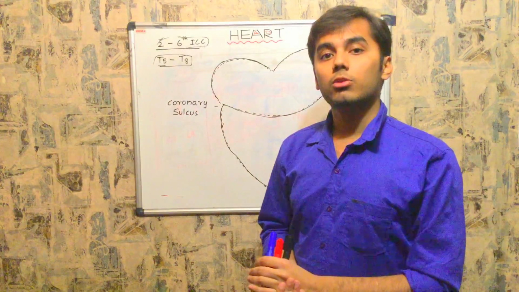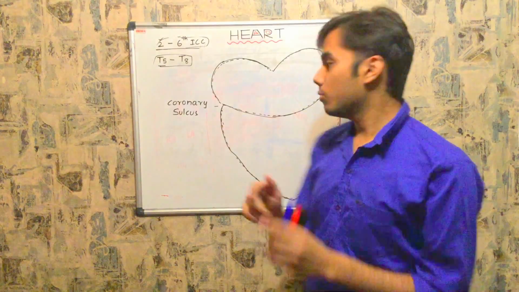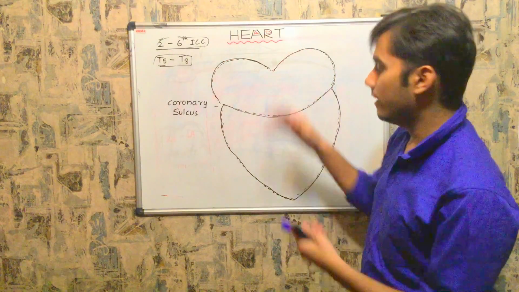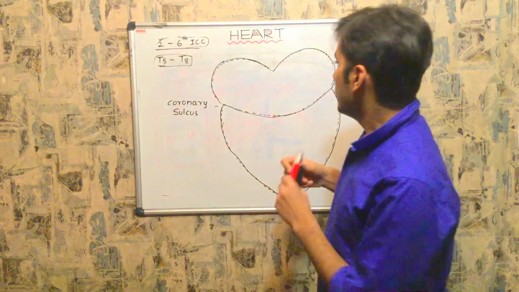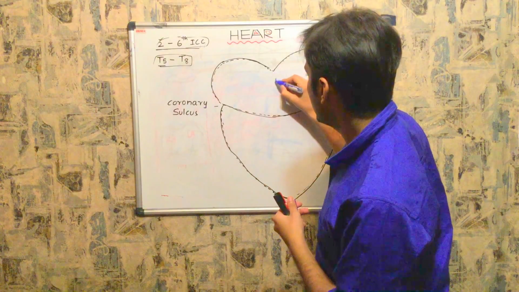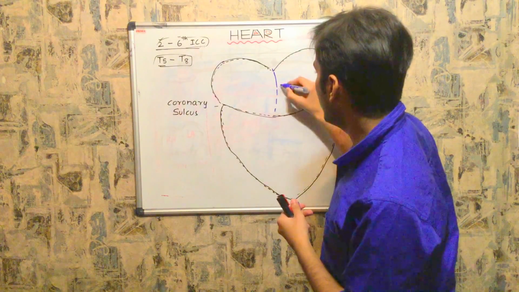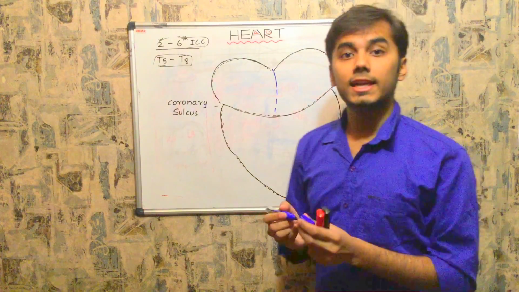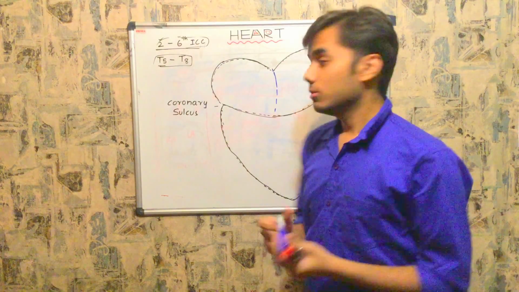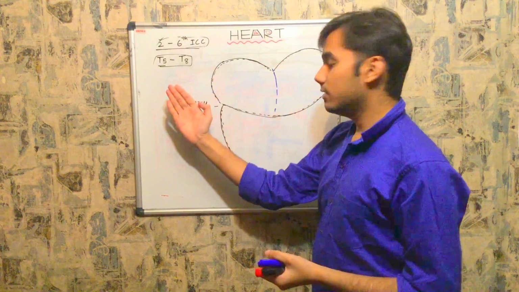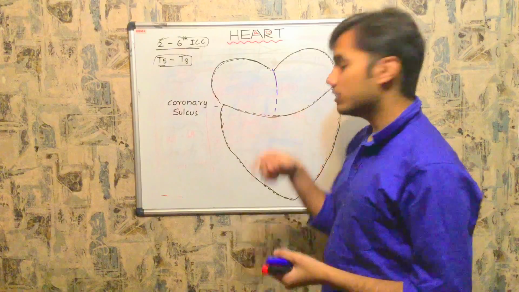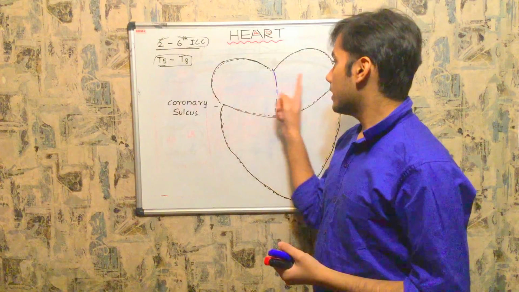In the same way, you can also find 2 more grooves. One groove is separating your right atrium and the left atrium. So here there is a groove like this, right? This is called the interatrial groove. When we cut the heart in this fashion, there is also a septum separating the right and the left.